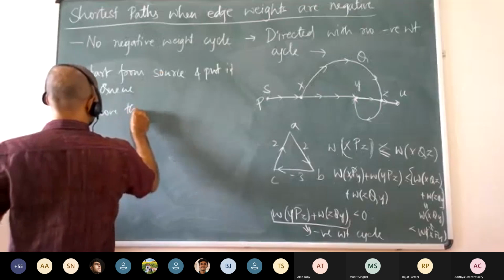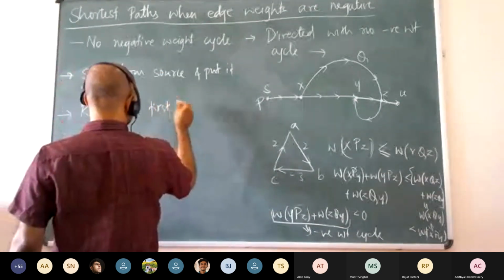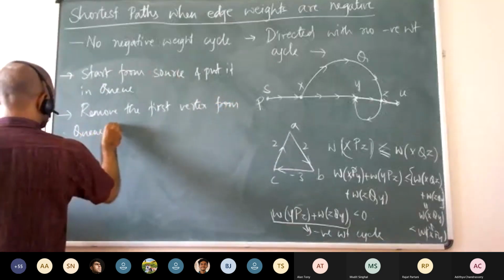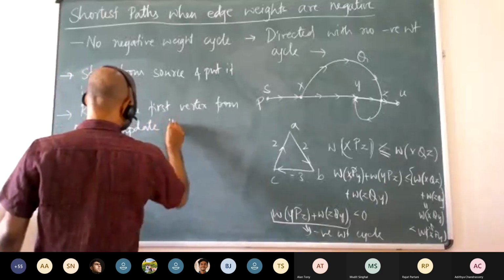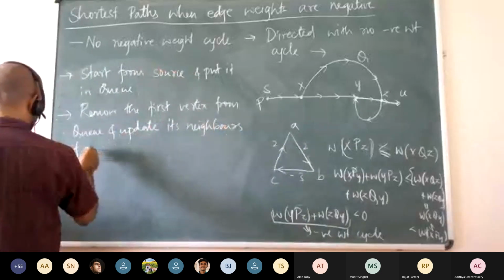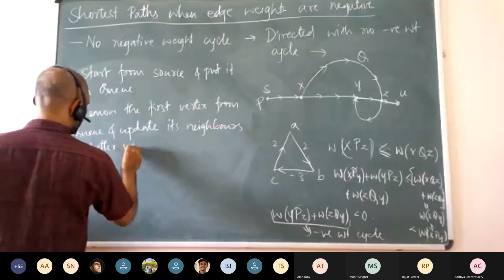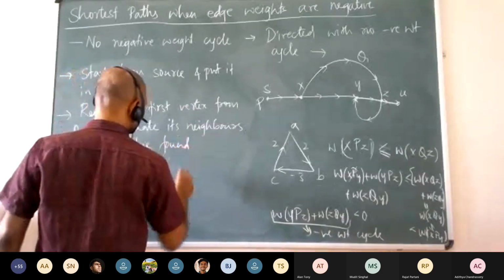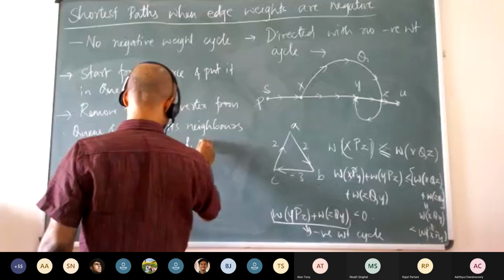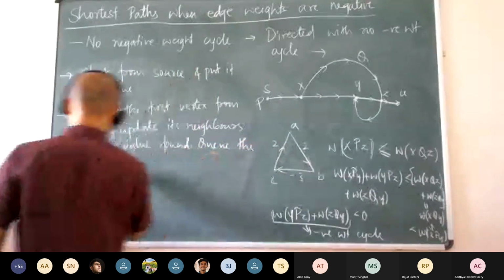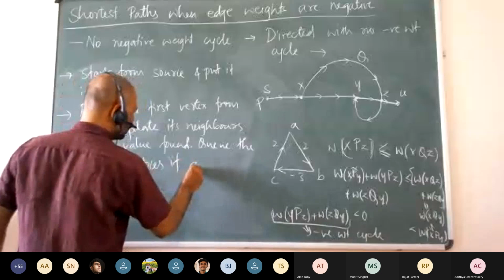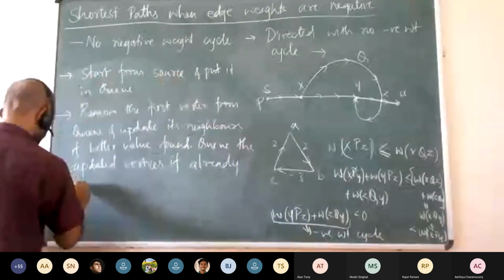Remove the first vertex from the queue and update its neighbors if a better value is found. Enqueue the updated vertices if they are not already in the queue.